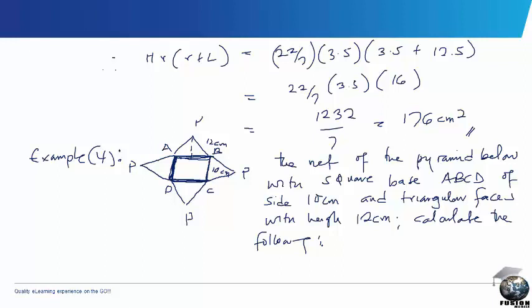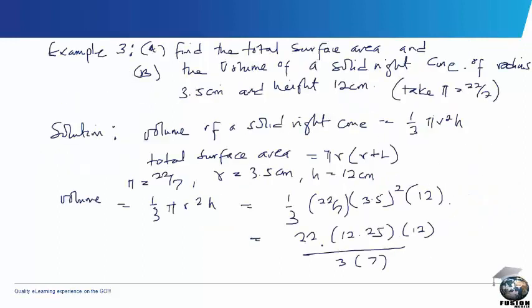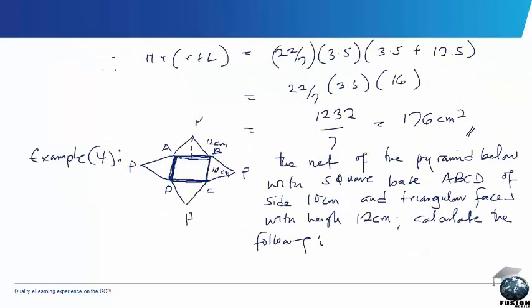The volume was stated, but nothing about the surface area, because the surface area has to do with a combination of other shapes like the square or the rectangle and the triangles.